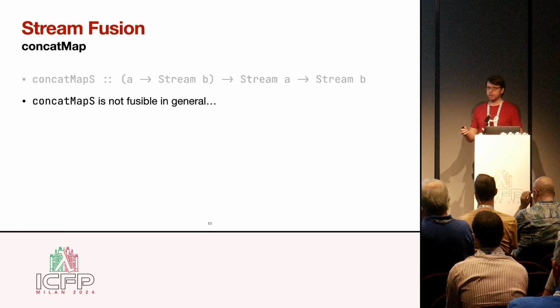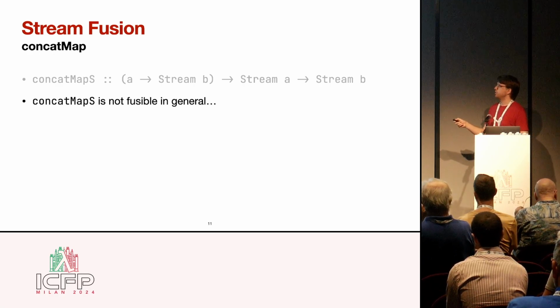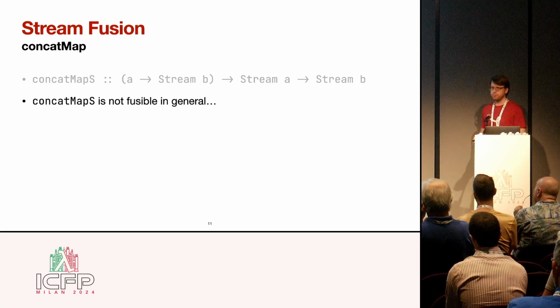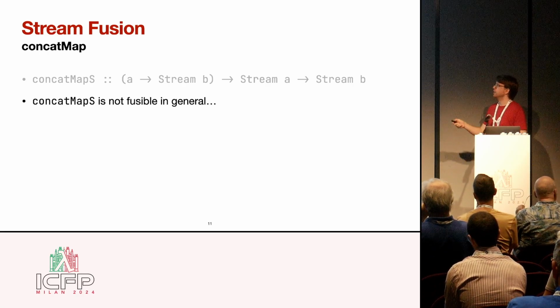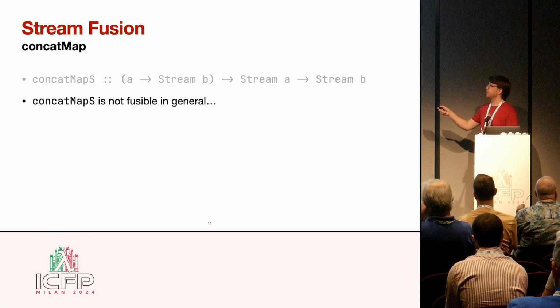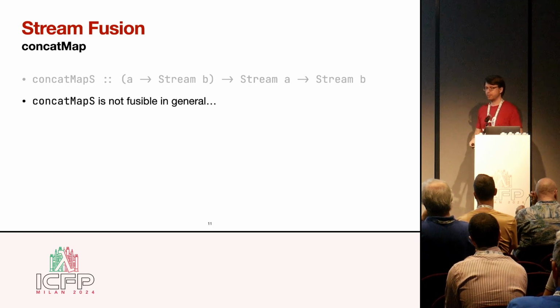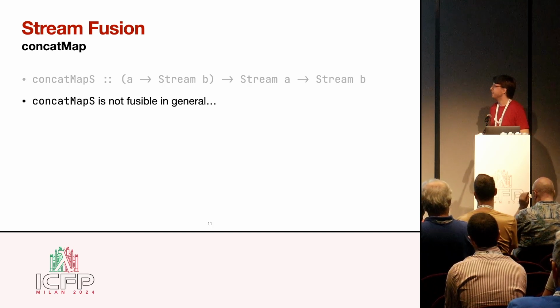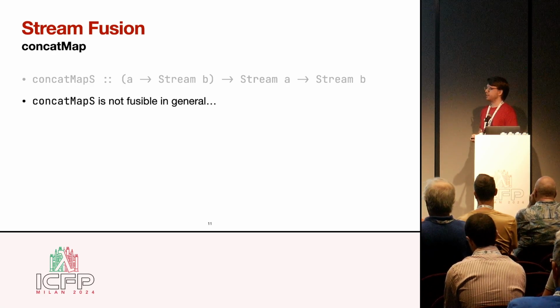In general, it's not possible to fuse concatMap, essentially due to this opaque function that requires us to put the inner stream inside the state of the resulting stream, and that also inhibits GHC standard optimizations.